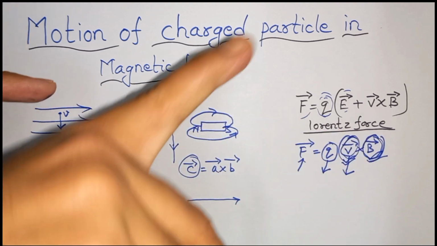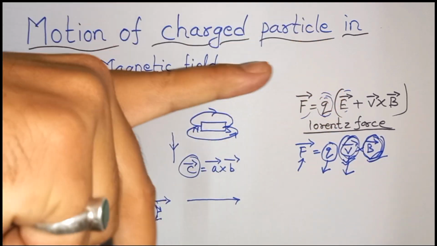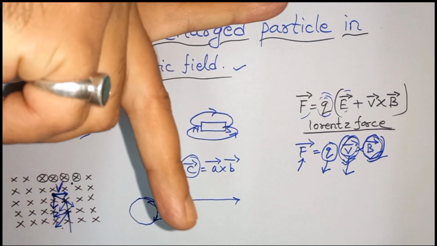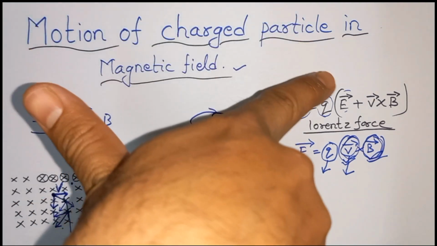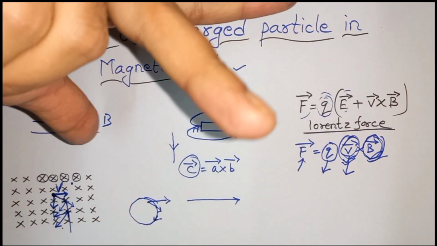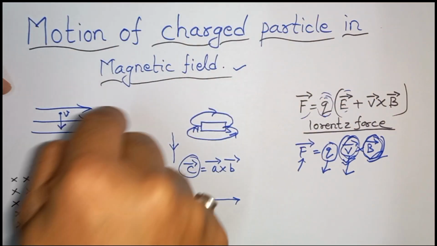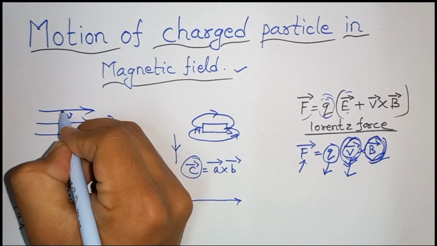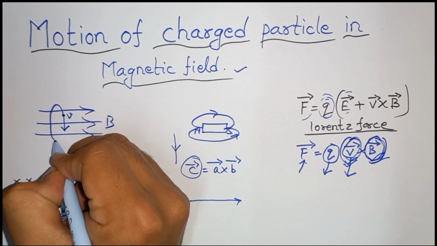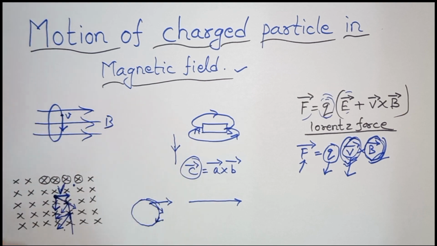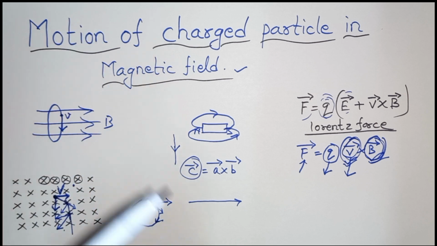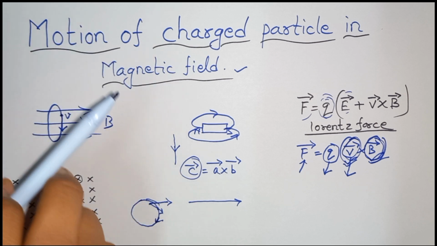Now what happens? Any one finger can be shown with the direction of B. This shows the magnetic field, this shows the velocity. Now where is the thumb? You can see the thumb is pointing downward, inside the copy. So the charged particle will take a circular motion throughout the copy, in this way.